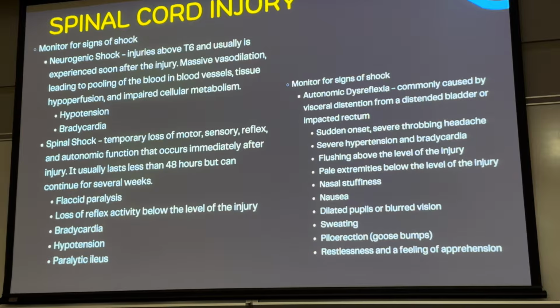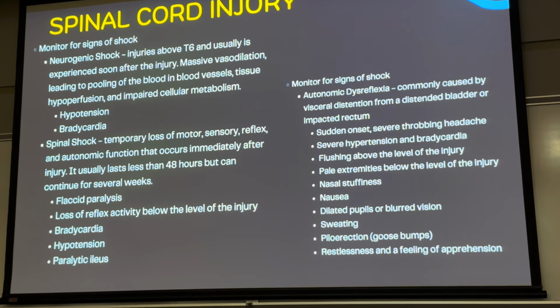Monitoring for signs and symptoms of shock. With this initial injury, we're going to have a big vasodilation response. So that's going to plummet our blood pressure. We're going to be in a very hypotensive state. So we're going to get some severe hypoperfusion.